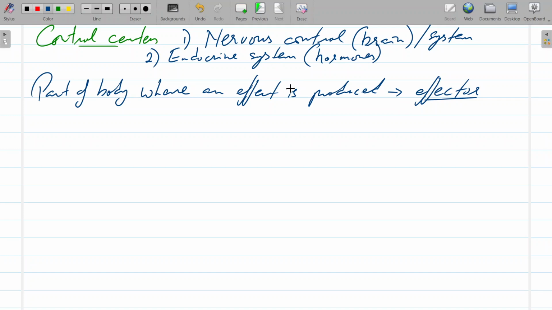Is the endocrine system present everywhere in our body, or at a certain point? No, it's certain parts. There are certain glands, such as the adrenal gland that releases adrenaline, or the pituitary gland in the brain.